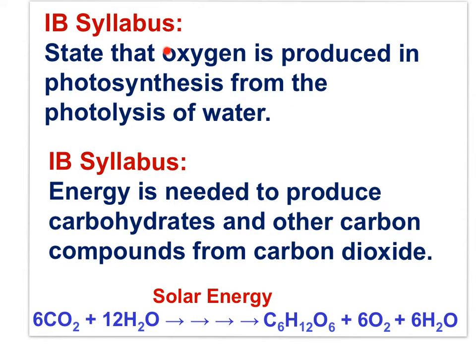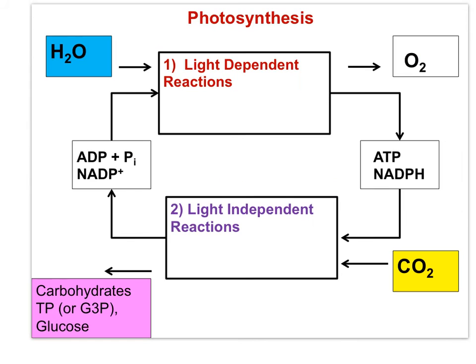Oxygen is produced in the light-dependent reactions with the photolysis of water, and the energy stored in ATP and NADPH from the light-dependent reactions is used to fix carbon dioxide into carbon compounds.